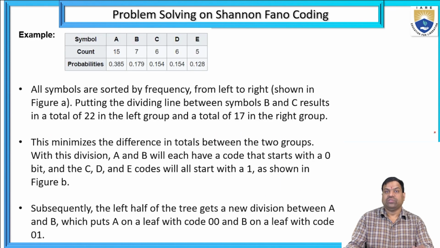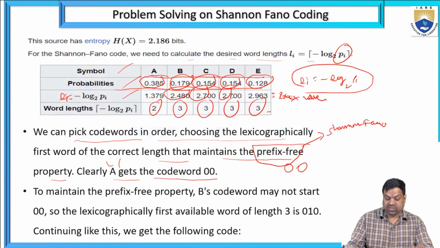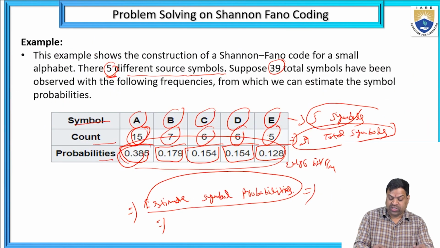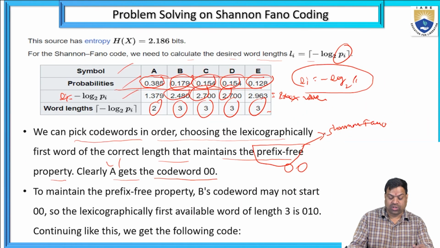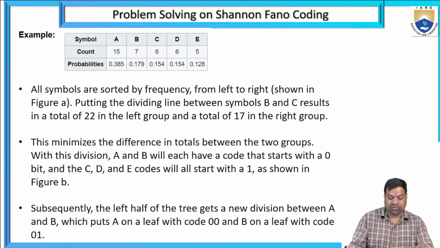Okay, so example 2. Symbols are given: A, B, C, D, E, with frequencies 15, 7, 6, 6, 5, in continuation of this example. I am taking another method.